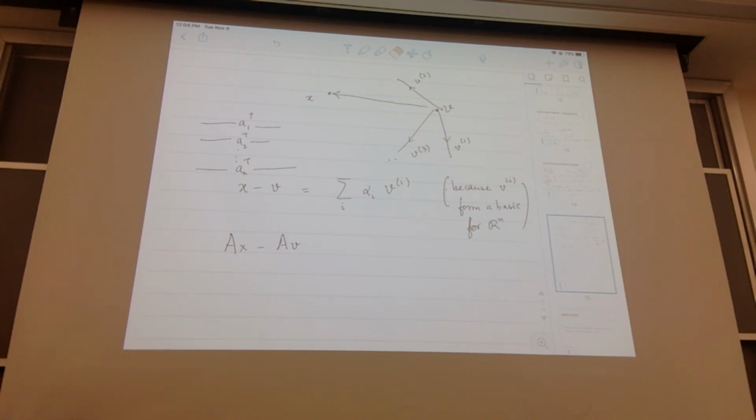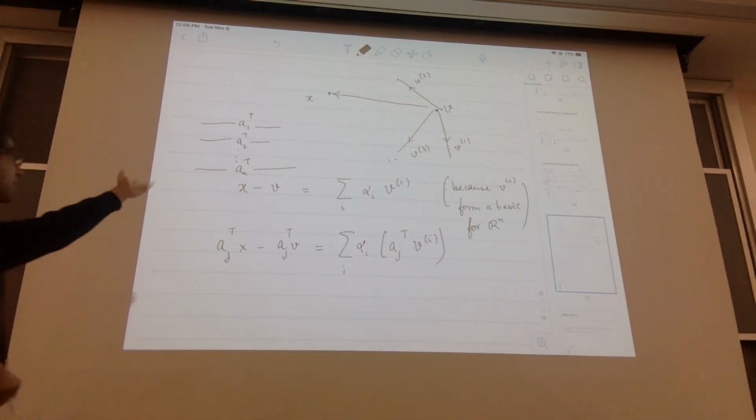Let's not even do A, let's just do a simple Aj transpose x minus b. Now this would just be the sum over i of alpha i times Aj transpose bi. I'm just multiplying both sides by Aj, and I can linearize this.